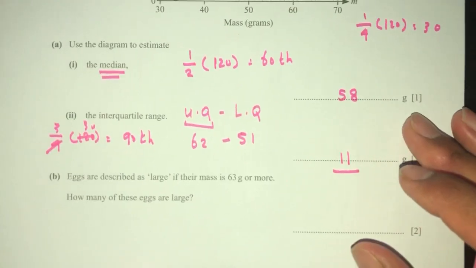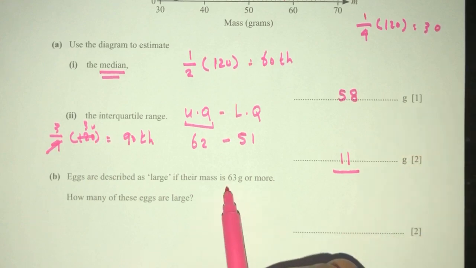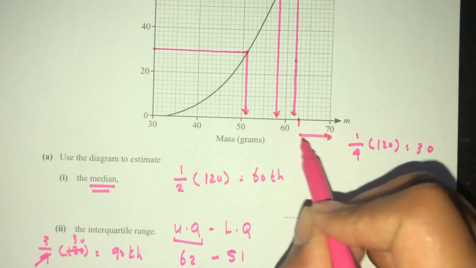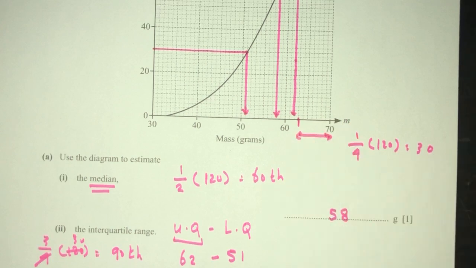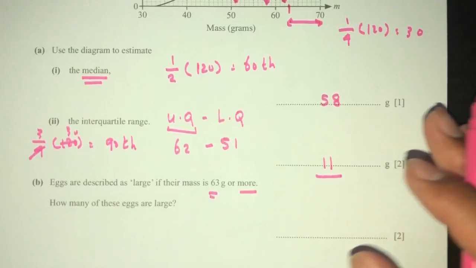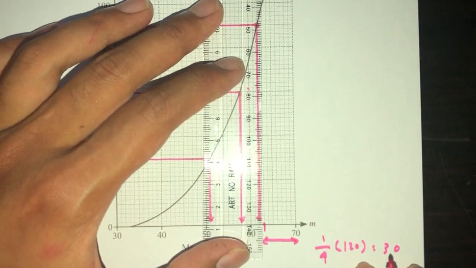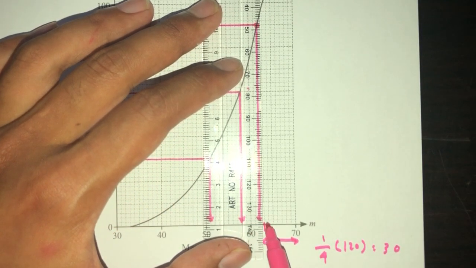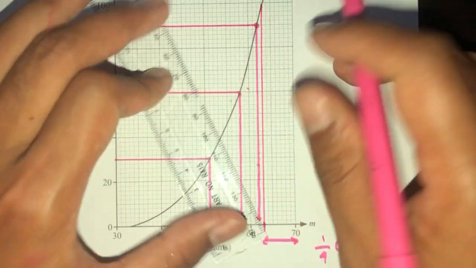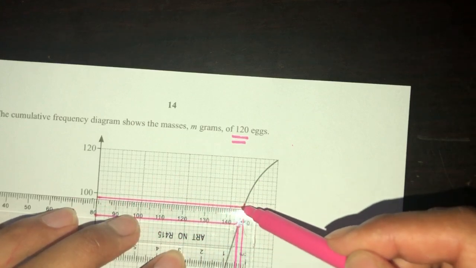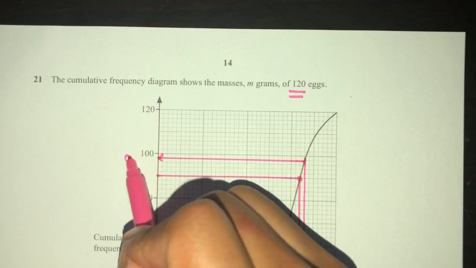Now for part B, eggs are described as large if their mass is 63 grams or more. So 63 will be right here, and or more will be seen as large eggs. We have to find how many of these eggs are large. Pretty easy, from 63, let's go all the way up to C. There you go, right here. For me, it shows to be about this value right here. This value is 98.